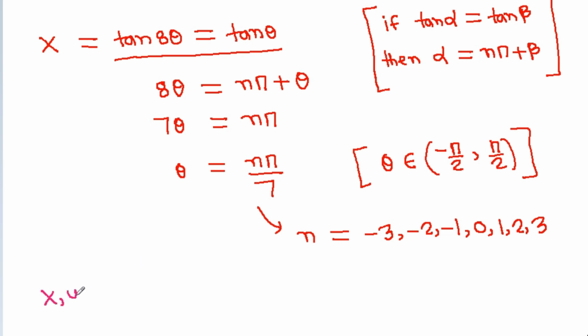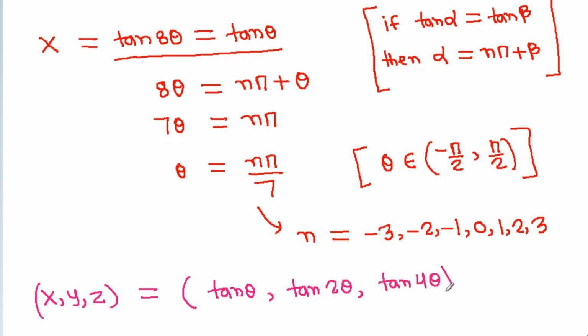And x, y, z is equal to x is tan theta, y is tan 2 theta, and z is tan 4 theta.